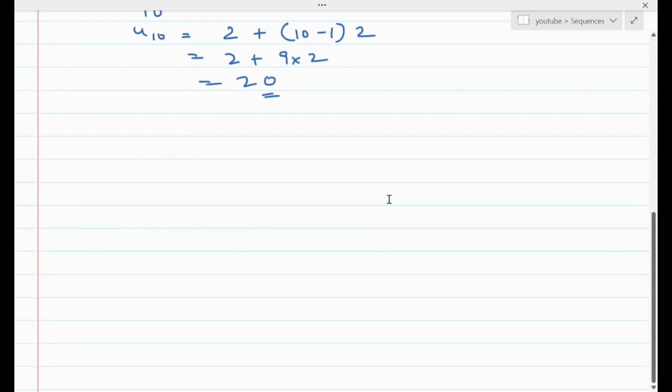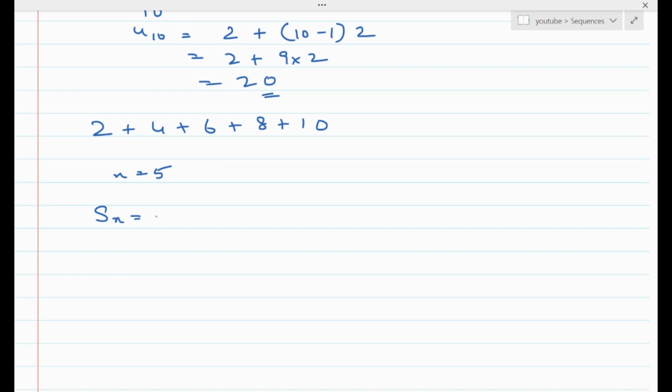Now let's look at the summation formula or the sum of the series. So suppose if I wanted to add all the terms of the series, 2 plus 4 plus 6 plus 8 plus 10. In this situation, my n value is 5. I'm adding up 5 numbers. So instead of adding them manually, we can use the sum formula. There are two sum formulas.